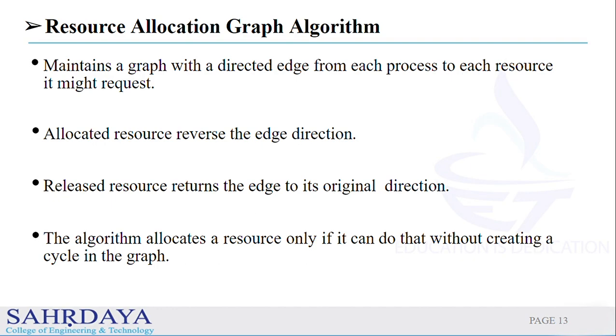But in this system, a new edge called a claim edge is added. The resource allocation graph maintains a directed edge from each process to each resource it might request. When the resource is allocated, the edge direction is reversed. When it is released, the edge returns to its original direction. The algorithm allocates a resource only if it can do that without creating a cycle in the graph. This is all about the resource allocation graph.